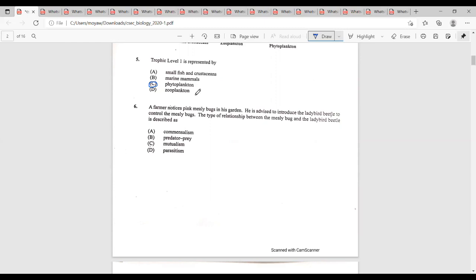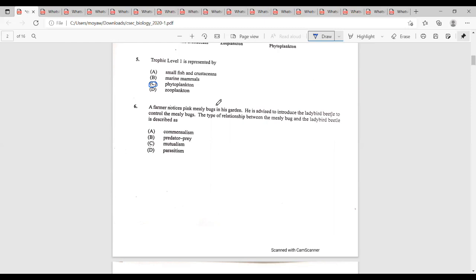So now let us analyze the question, and that was a mouthful. A farmer notices pink mealybugs in his garden. So he's seen these bugs in the garden. He's advised to introduce the ladybird beetle to control the mealybugs. So somebody told him to get some ladybird beetle to help control the mealybugs.